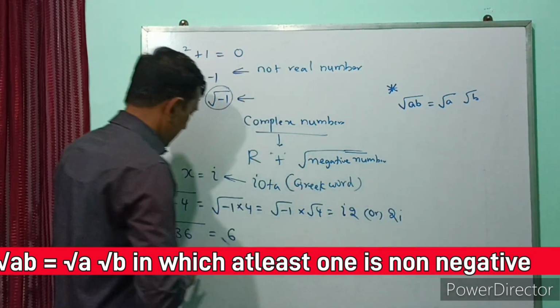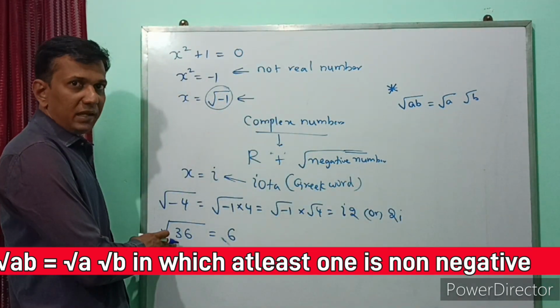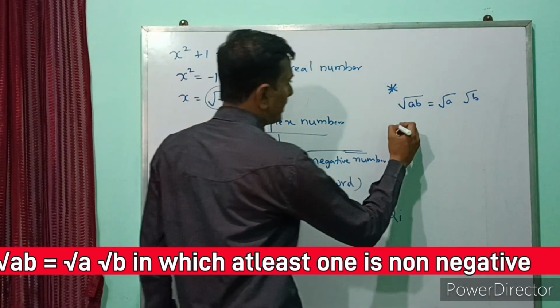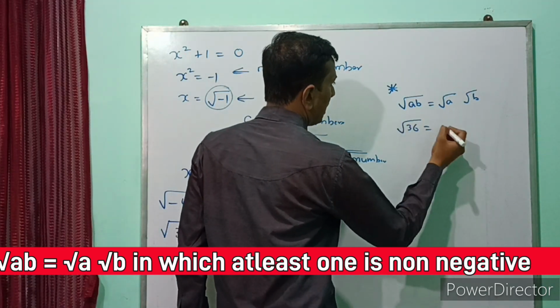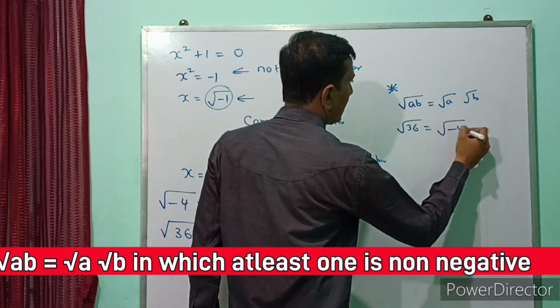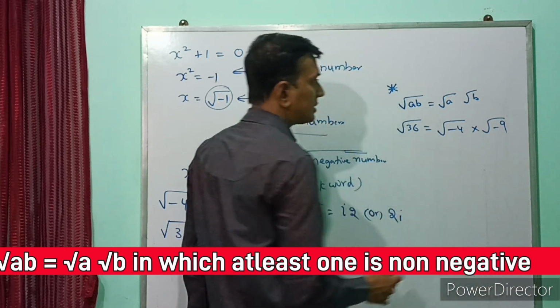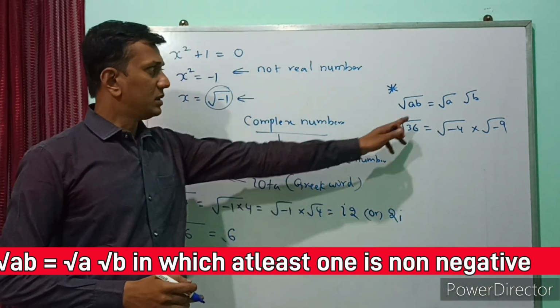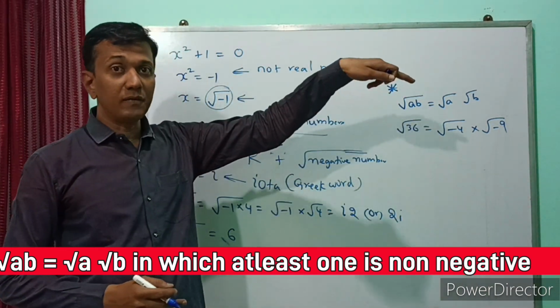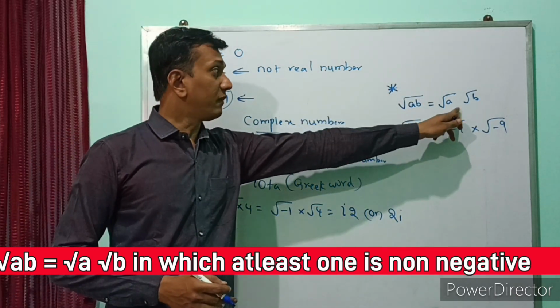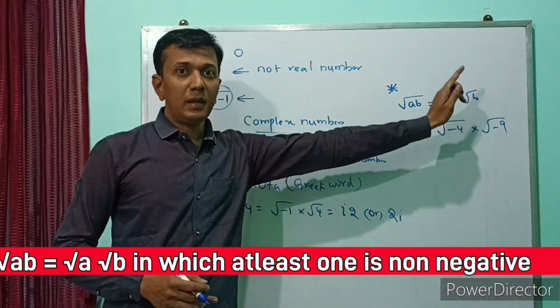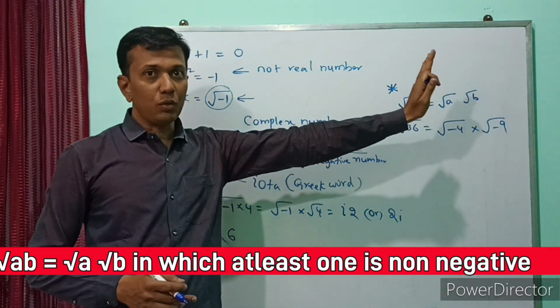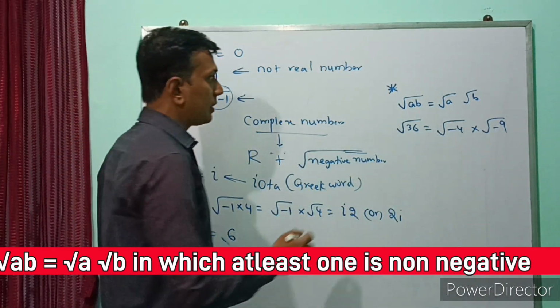So there could be a possibility for mistake: square root of 36 could be written as square root of minus 4 into square root of minus 9, if I don't follow the condition that both should not be negative.